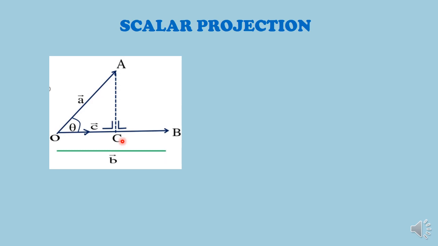From the trigonometric ratio that we have learned in the previous chapter, we know that cosine theta is the length of C divided by the length of A. Or we can also say that the length of C is equal to the length of A cosine theta.